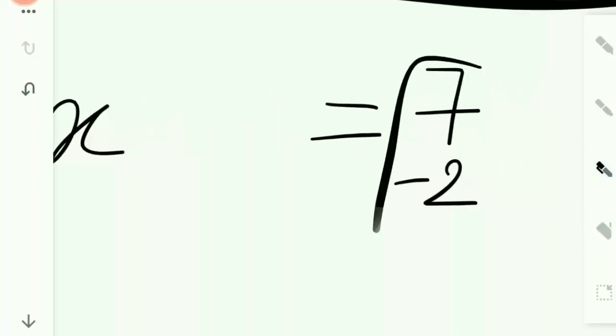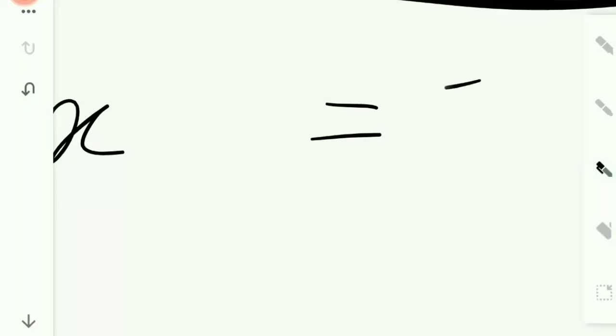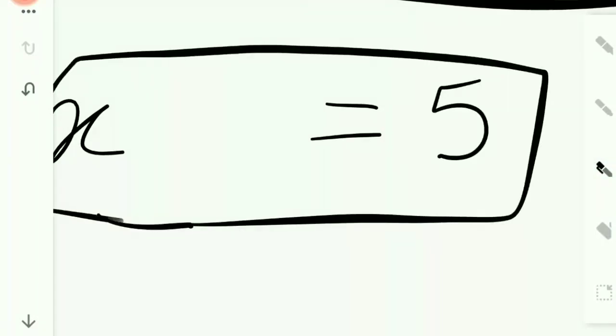So x equal to 7 minus 2, which is equal to 5. x equal to 5 we get.